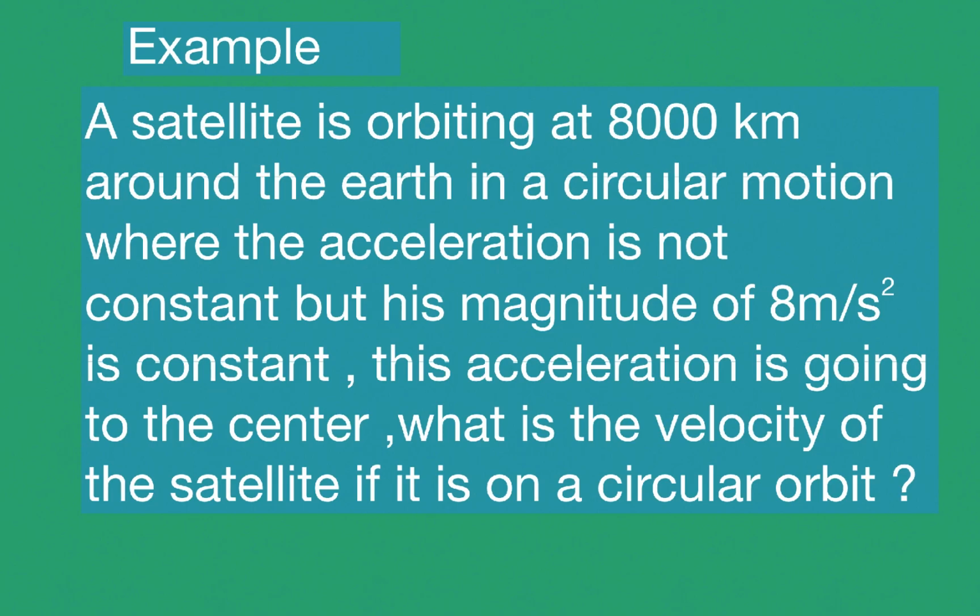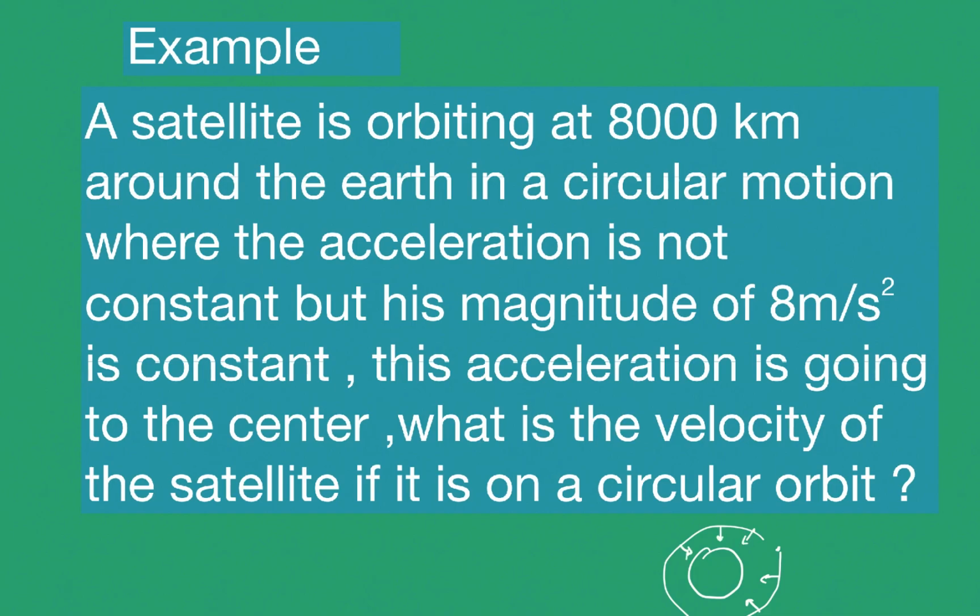But indeed, the acceleration is not constant because the acceleration that the Earth is producing on this orbit at 8,000 kilometers is always going in this direction, going to the center.